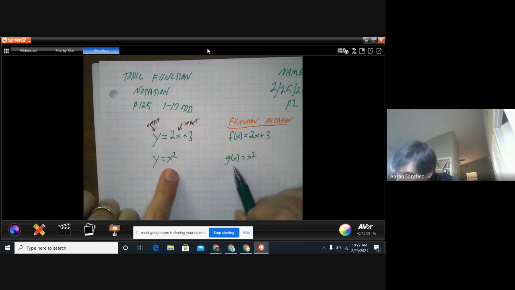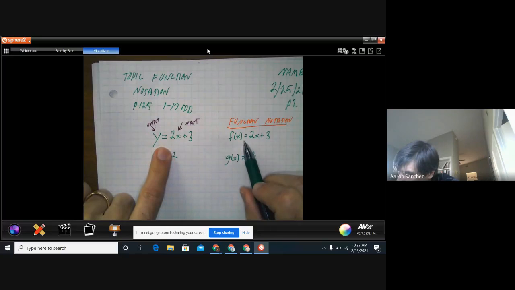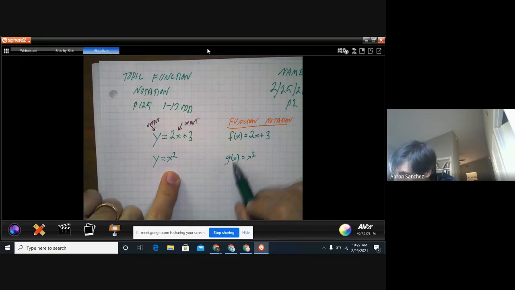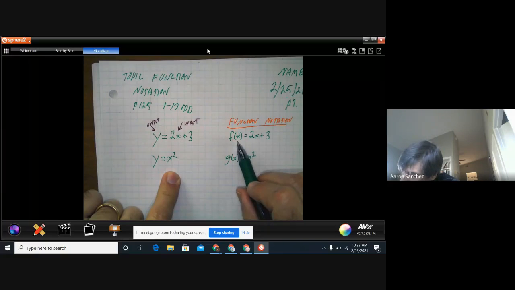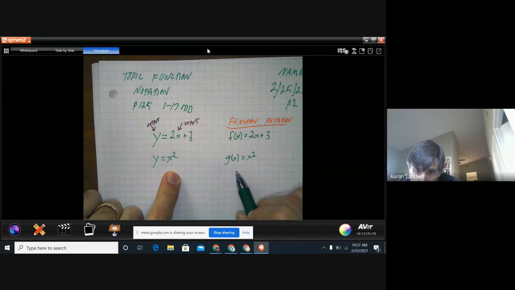I could call this f of x, but I already named the other one f of x. You can do h of x, k of x, but usually it's g parentheses x or f parentheses x for function notation.